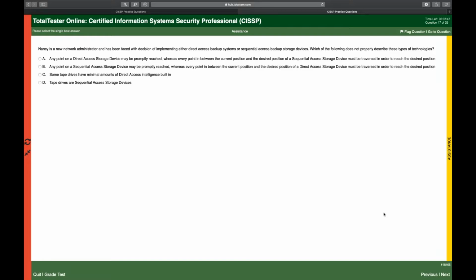Direct access sounds like random access. Sequential sounds like a tape backup, where you've got to go from the beginning of the tape to the end until you find the data you're looking for.